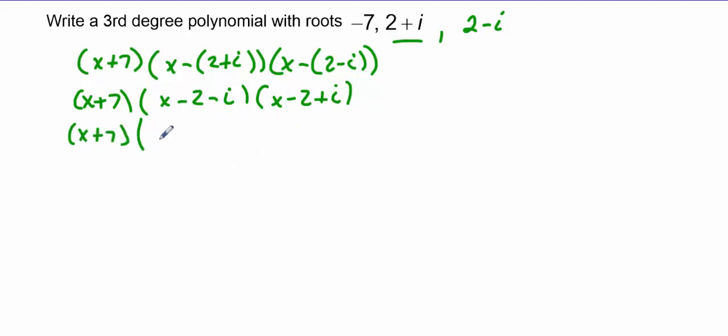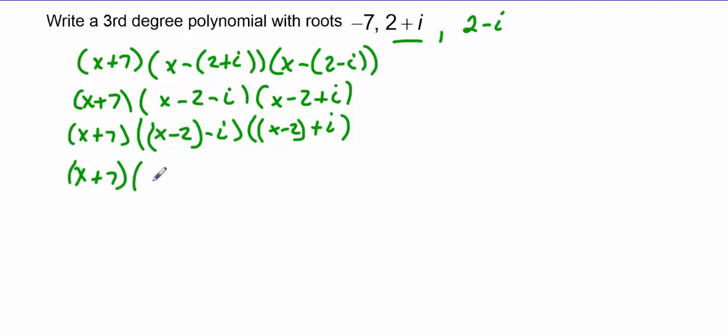So I'll rewrite it like this, x minus 2 minus i, and x minus 2 plus i. What I now have is really same first two, same last two, and that's like a difference of squares. The way I see a difference of squares is the first term is squared, the middle term goes away, and the last term is squared.